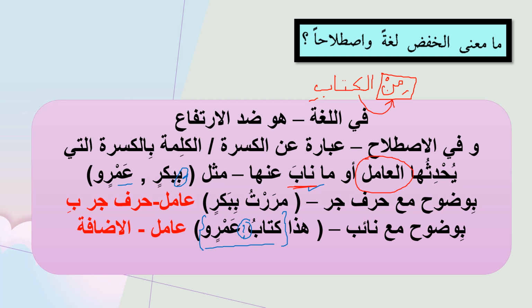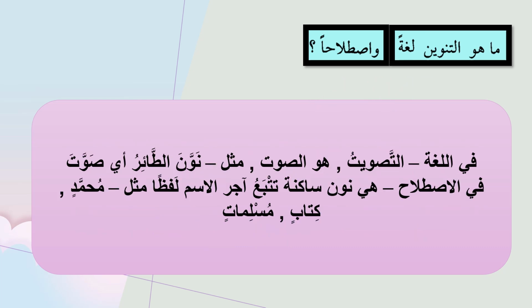That is what you understand by the word naba. Naba means to represent, the representative. Let's see the next question here. The next question we are going to do is ما هو التنوين? What is tanween in lugha and in istilah?